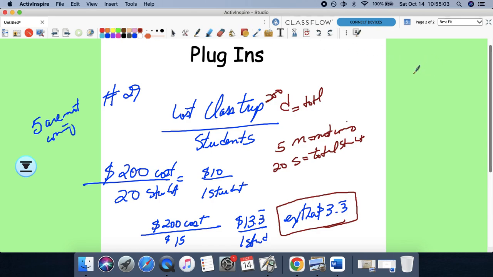Last one, D times N, so 200 times N, which is 5, right, the number of kids who are not coming, times the total number of kids, which was 20, times the difference of the kids who are coming and not coming, which is 5.